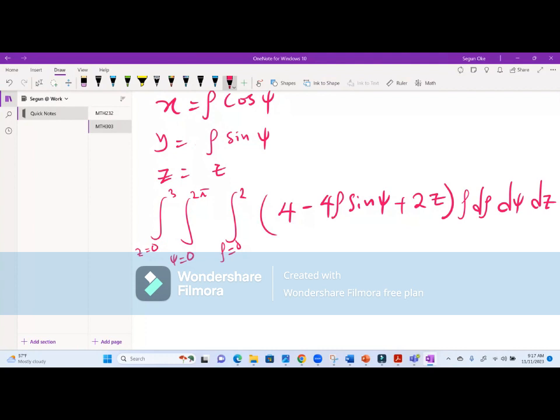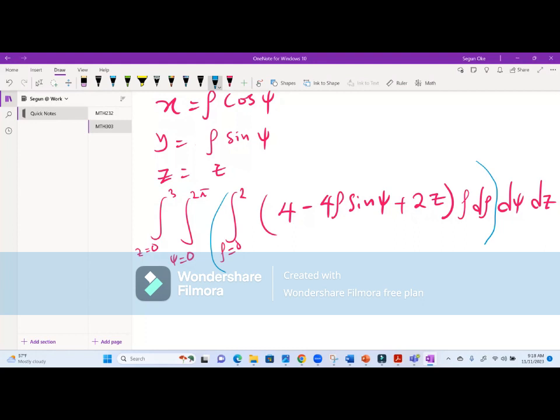So how do we integrate this? How do we get rid of all these things we put into the equation? So the first one, let's first of all integrate this with this.